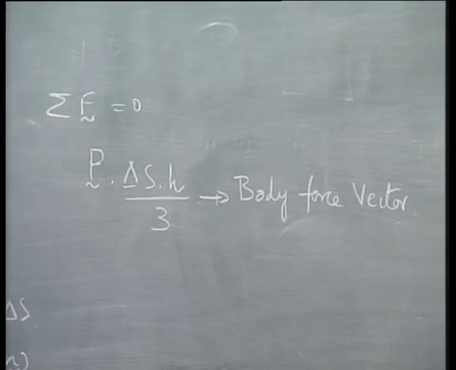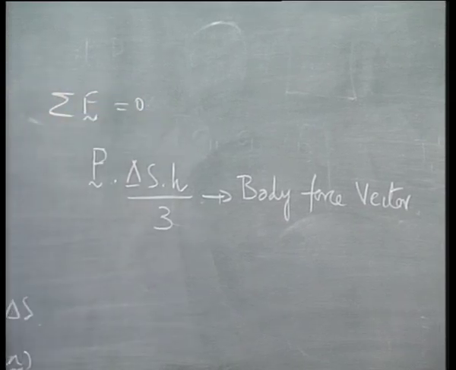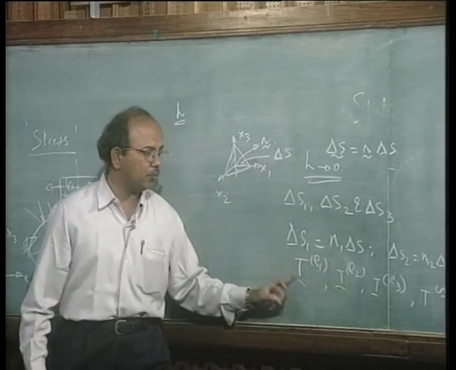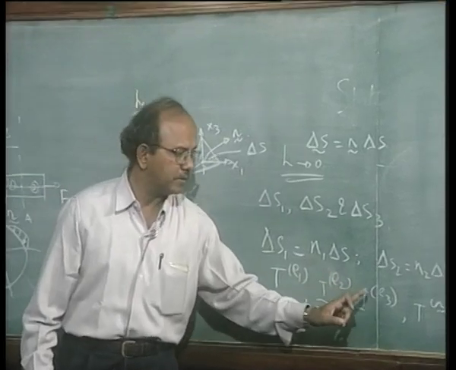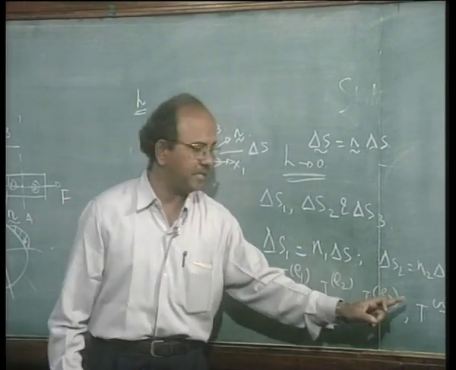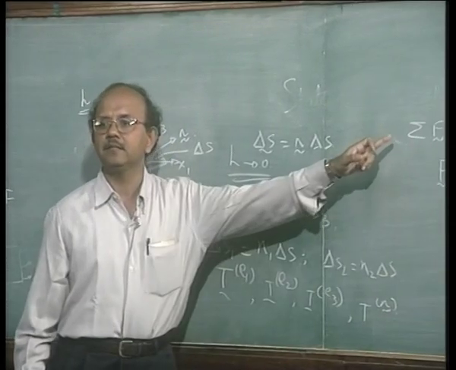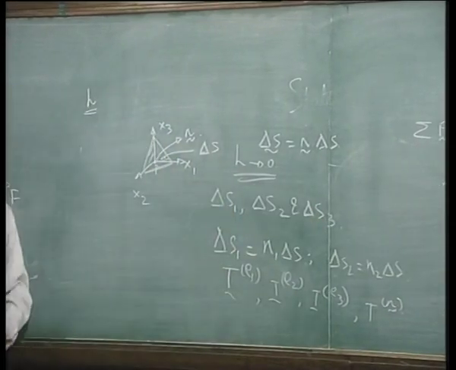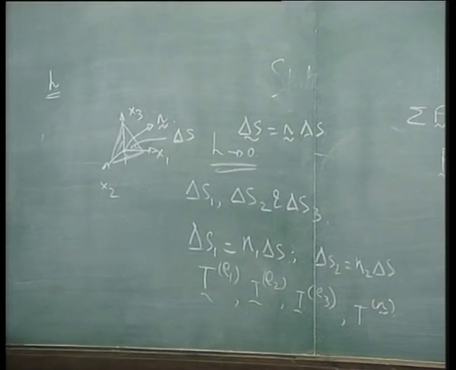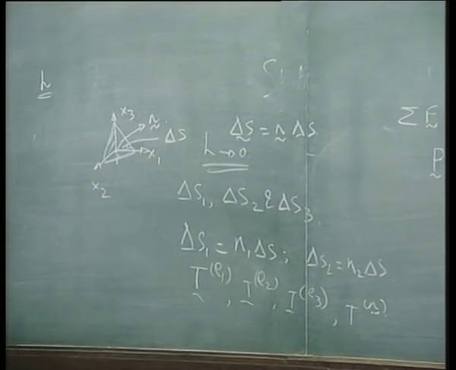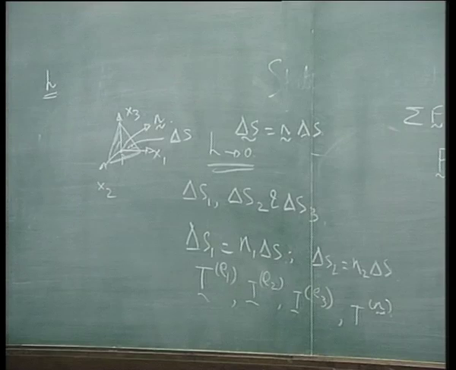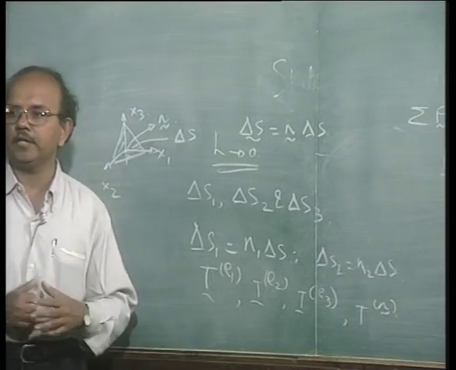So sigma of F is equal to 0. What does it mean? It means that T1 plus T2 plus T3 plus Tn plus the body force is equal to 0. Sigma of all the forces is equal to 0. So that is what is meant by the equilibrium of forces.